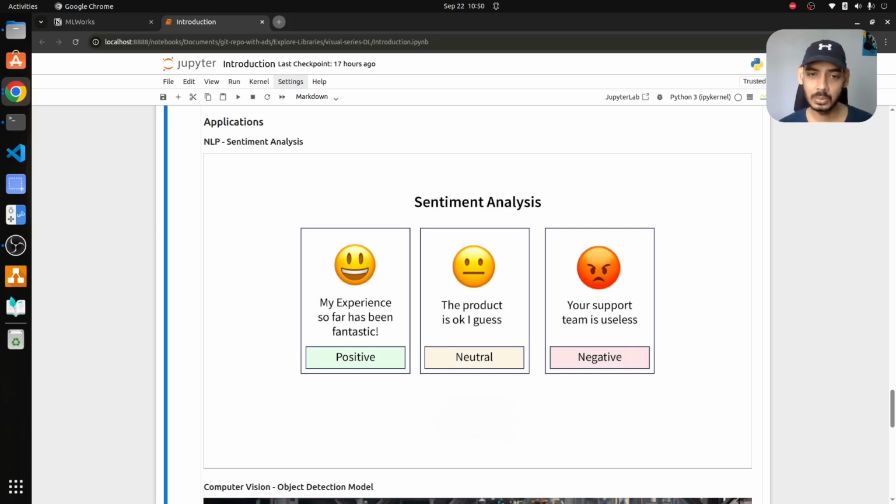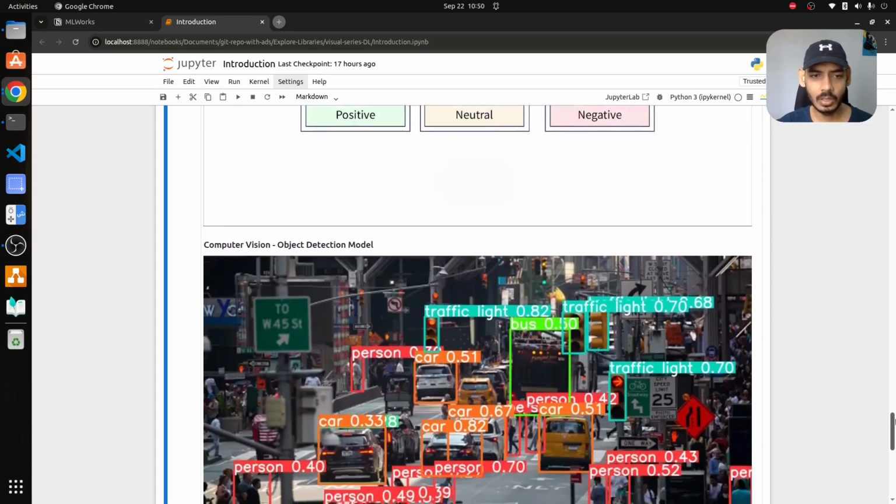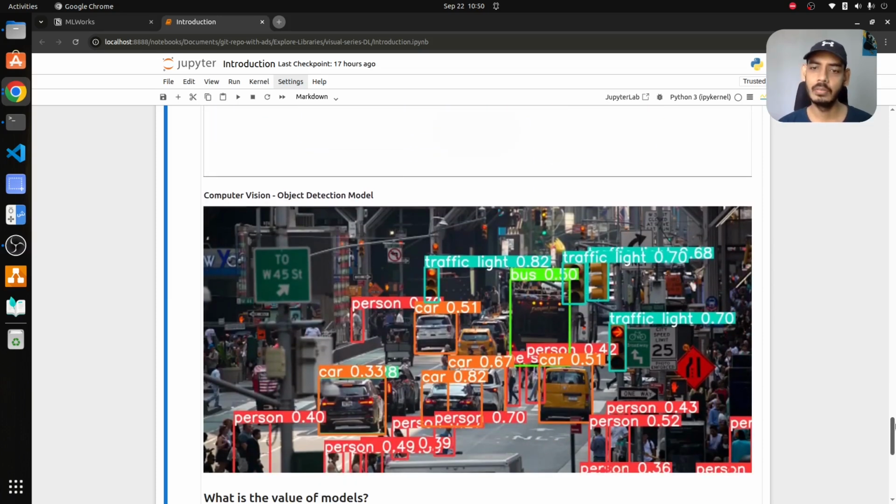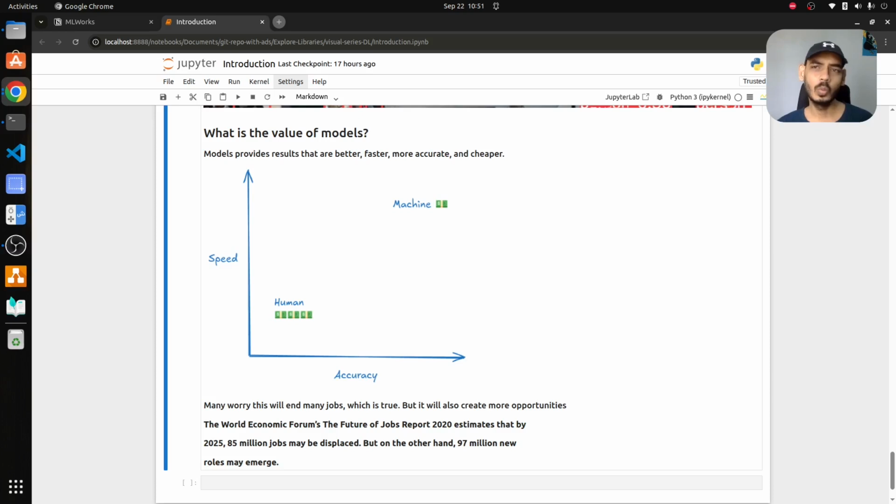So given an input text, you will be classifying it as either positive, neutral, or negative sentiment. And similarly, there is a computer vision model where you have different objects present in an image, and with the help of this model you will try to understand each of these objects and try to take actions based on it.